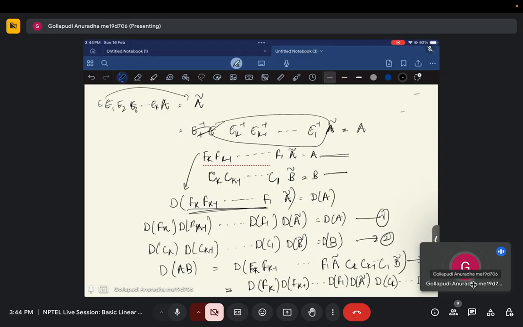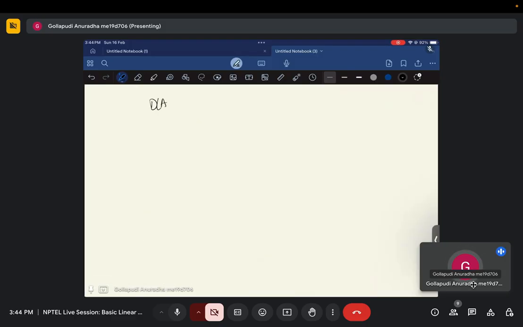From this we can easily say that determinant of AB is equal to determinant of A and B. Now determinant of B and A. Wait, I think I lost it somewhere. One second.